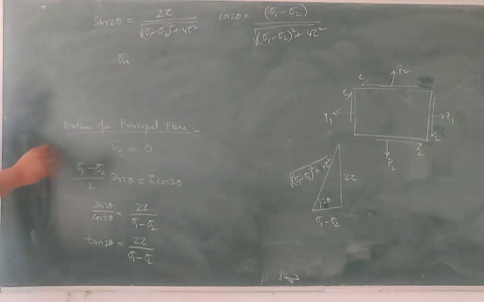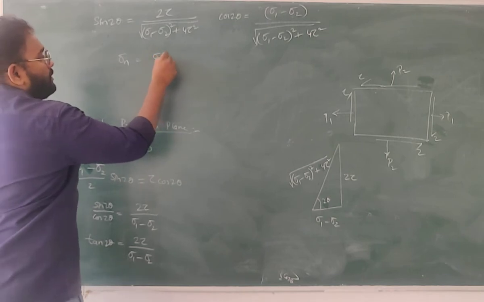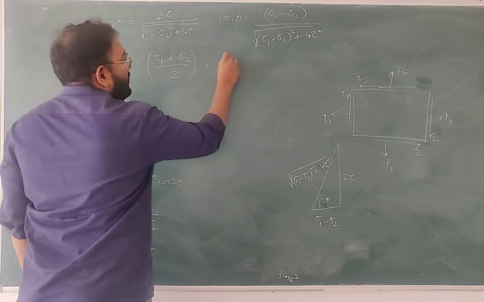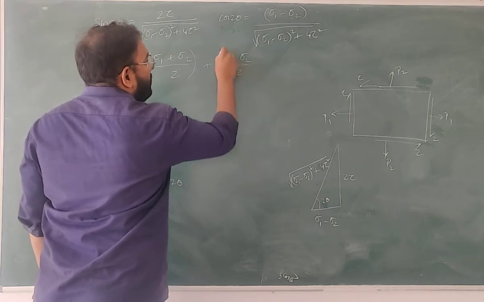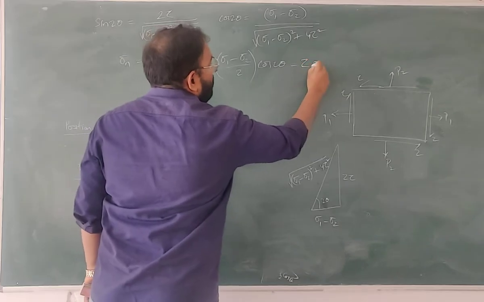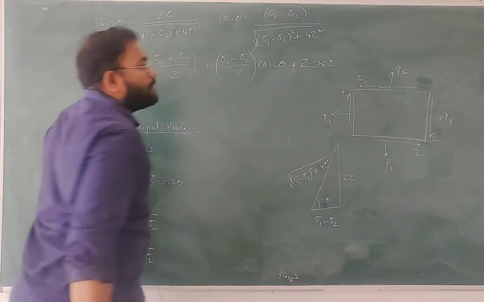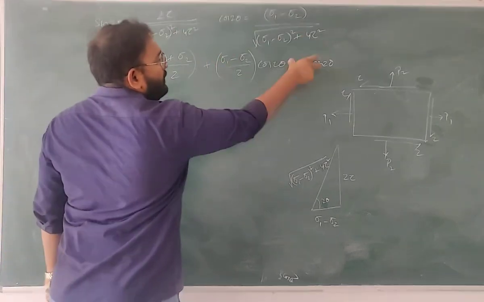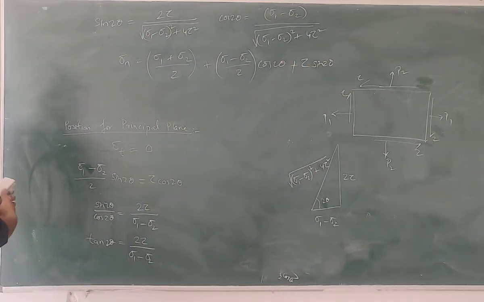What is the equation for sigma n? Sigma 1 plus sigma 2 by 2 plus sigma 1 minus sigma 2 by 2 into cos 2 theta plus tau sin 2 theta. Now substitute these values in this equation to get sigma n.